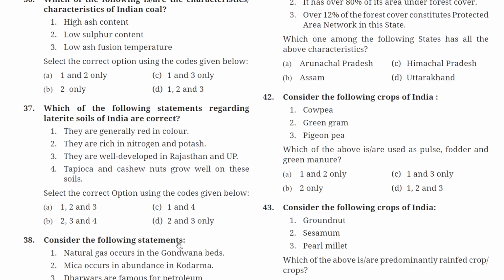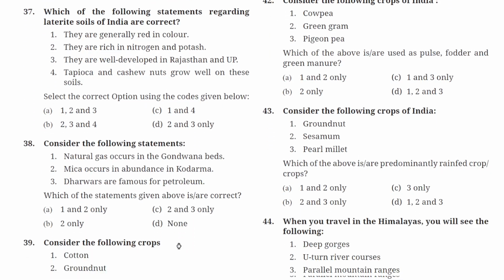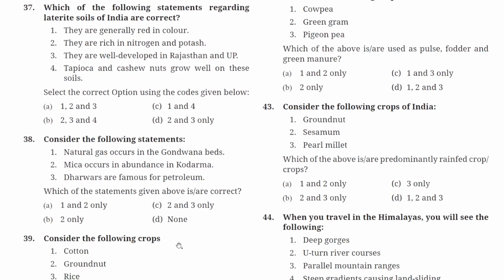Consider the following statements. Natural gas occurs in the Gondwana beds. Mica occurs in abundance in the Kodarma. Dharwads are famous for petroleum. Question number 38. So, mica occurs in abundance in the Kodarma. That is the only correct answer, because Gondwana beds are the main source of coal, iron ore, manganese, limestone, but natural gas is not found in the Gondwana.